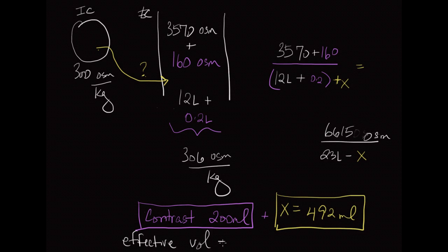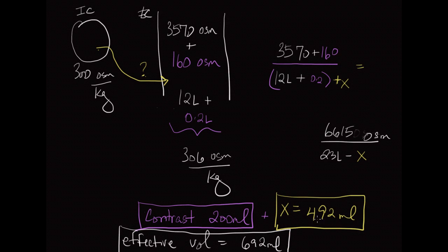The patient actually received 692 mLs of fluid in the extracellular space. 200 from the contrast and an extra 492, more than 2 times what you gave, is what he pulled out, what contrast has pulled out of the intracellular space to give that patient a total volume of 692.